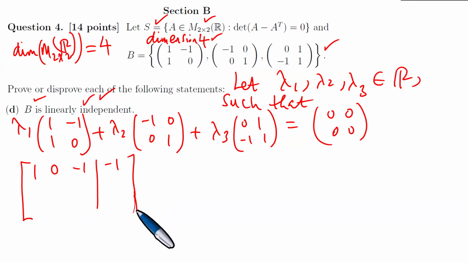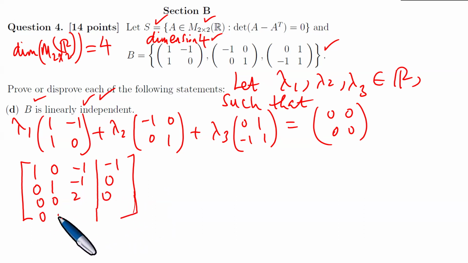Then we have 1, 0, 1, minus 1, 0. And then we got this one, 0, 0, 2, 0. And then 0, 0, 0, 2. So we got to this matrix here.